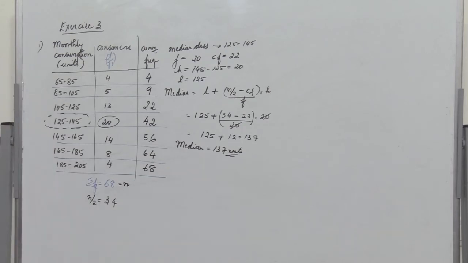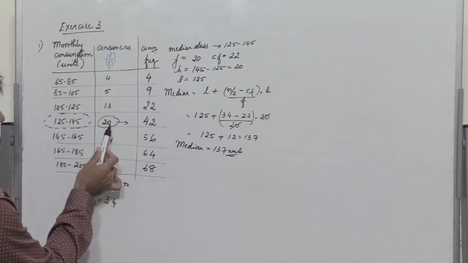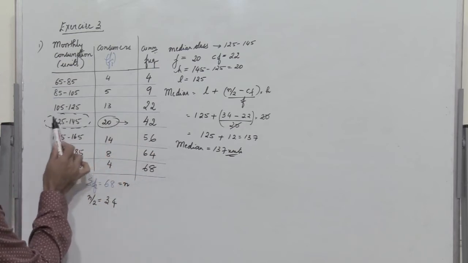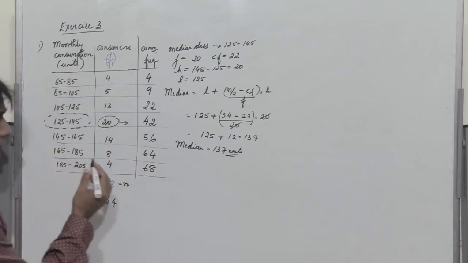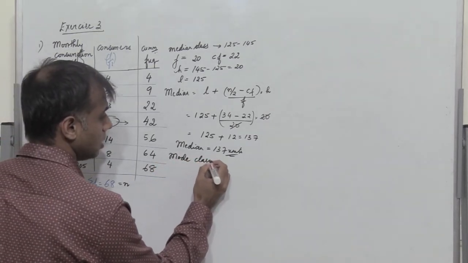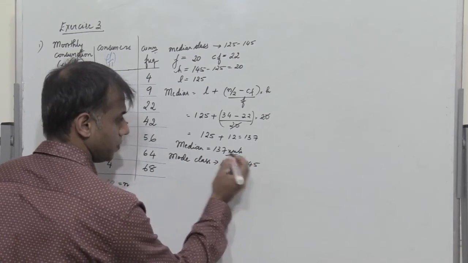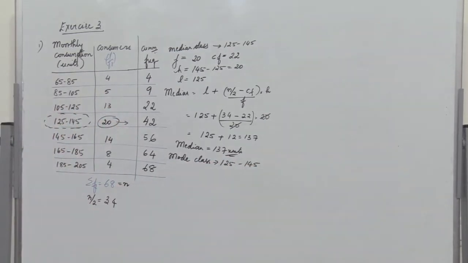So now let us also find the mode class. To find the mode class, I need to identify the maximum frequency. The maximum frequency lies in the interval 125 to 145. So therefore the mode class also is 125 to 145. Once I identify the mode class, what are the other things I need?